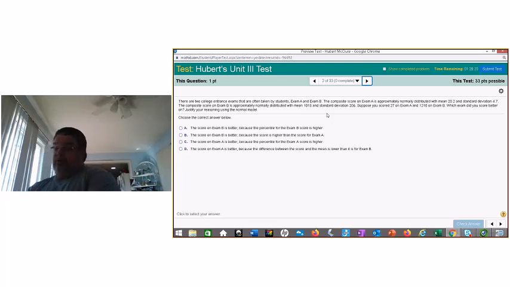Y'all printed out them curves yet, or y'all still drawing them? 0.15, 2.35, 13.5, 34, 34, 13.5, 2.35, and 0.15.